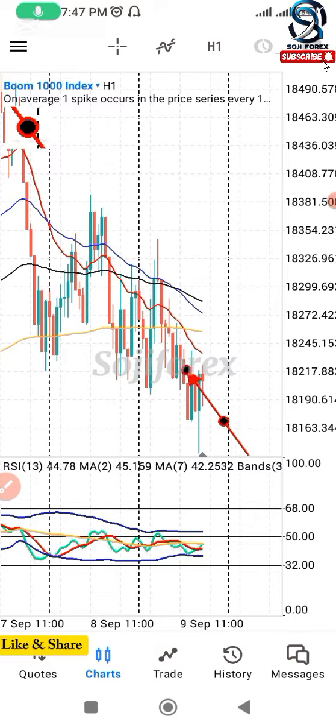Now, how do we use this particular moving average? As you can see, the red moving average is period 20. The blue moving average is period 50. The black moving average is period 100. And the gold moving average is period 200.